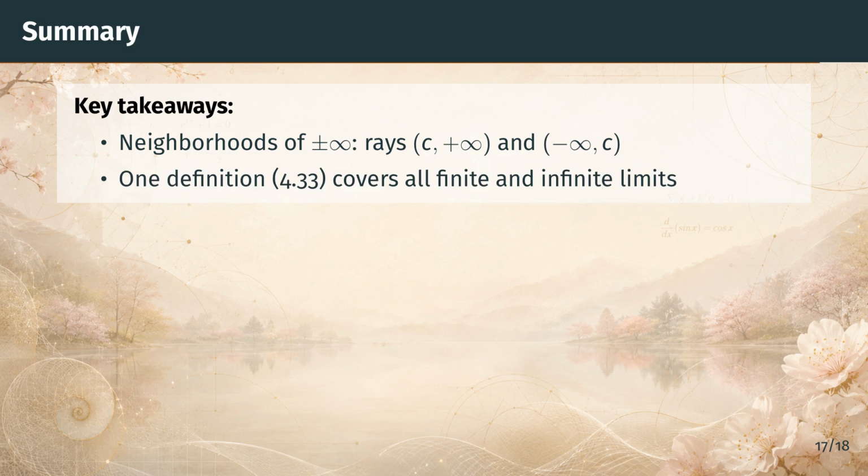Second, with those neighborhoods in hand, definition 4.33 gave a single statement covering every case at once. For every neighborhood of the target, there is a neighborhood of the approach point that drives the outputs into it. When the values are real, this reduces exactly to the old epsilon delta definition, and when they are infinite, it captures blow-up and behavior at infinity, all in the same breath.